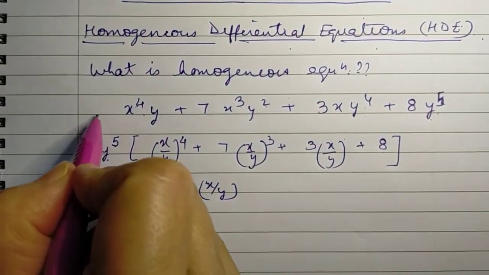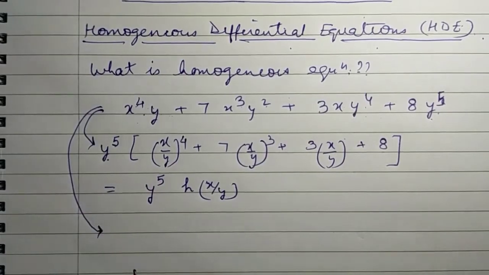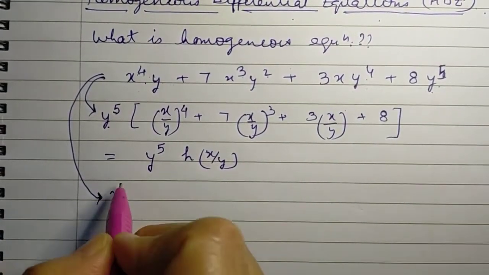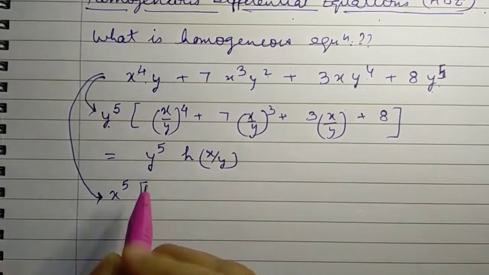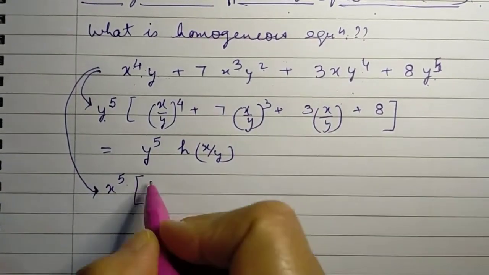This is one way of writing it. The same way in this expression, if I take out x raised to power of the degree of each term, that is x raised to power 5, what will I get?